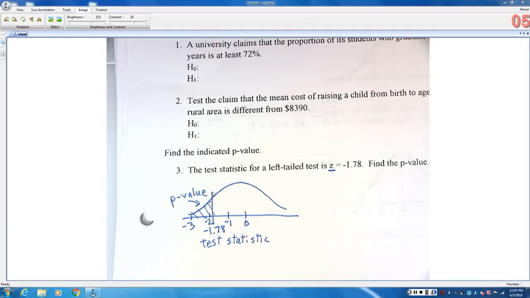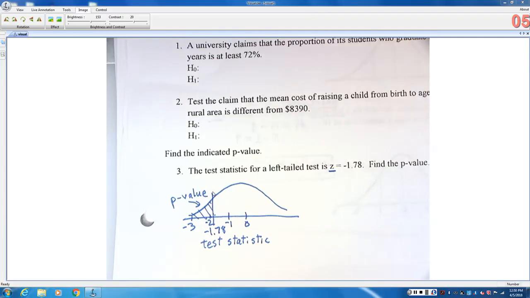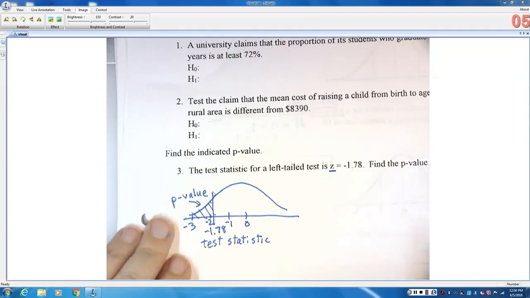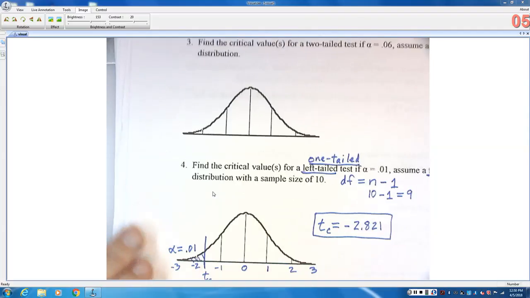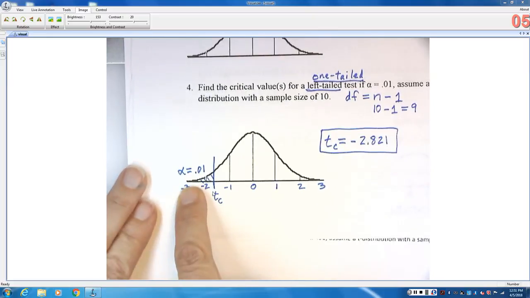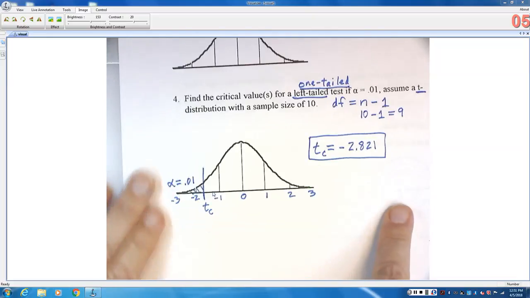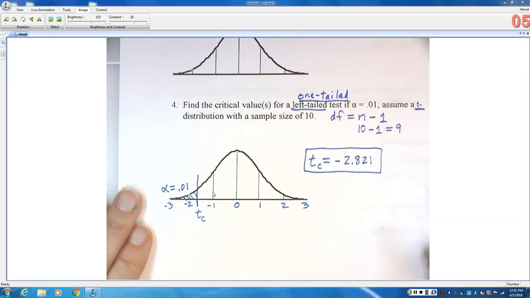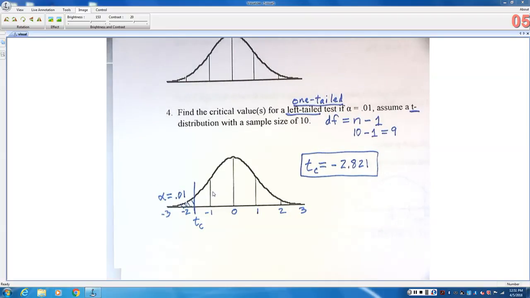So if it's very low, if P is less than alpha, we're going to reject H0. If it's greater than alpha, we're going to fail to reject H0. So that's the p-value and the test statistic. And the alpha is an area in the tail also, but it's chosen to be small, especially if it's a medical decision, life or death, to prevent a type 1 error from occurring. But alpha is chosen for the problem based on the severity of it.